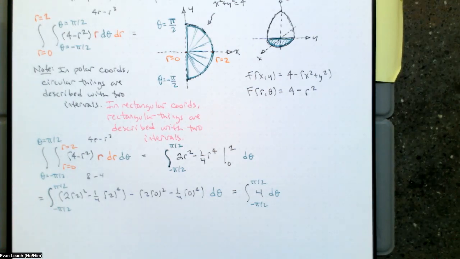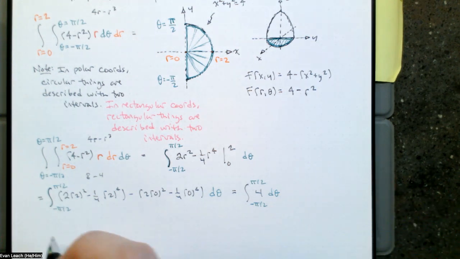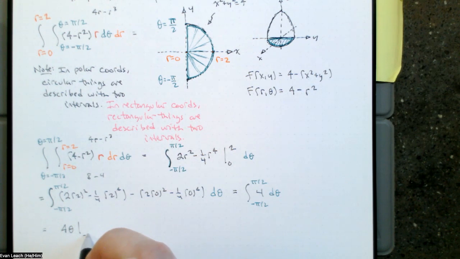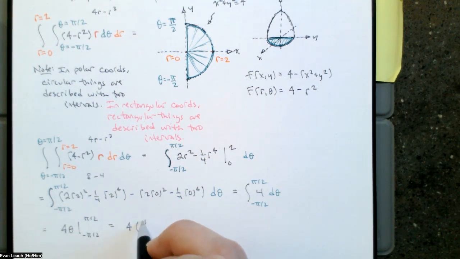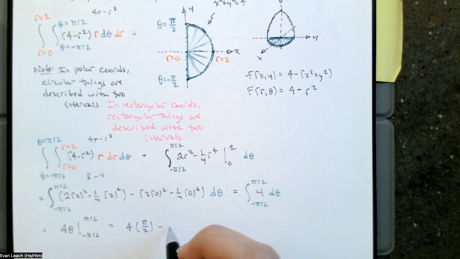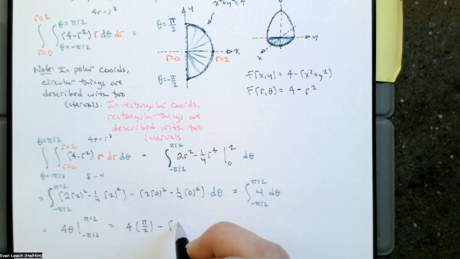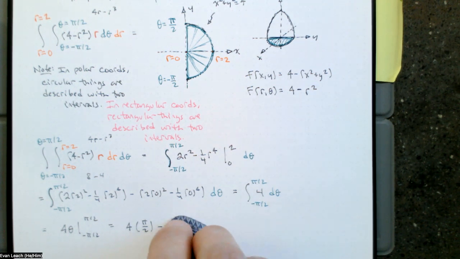Or if we're like, oh, no, we got to integrate because integration is so awesome and fun, we'll have 4 theta evaluated from negative pi over 2 to pi over 2. So that'll be 4 times pi over 2 minus 4 times negative pi over 2.